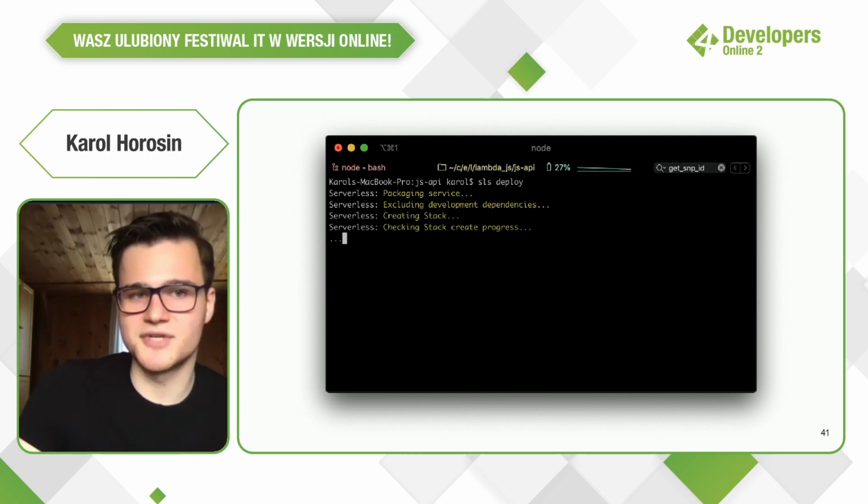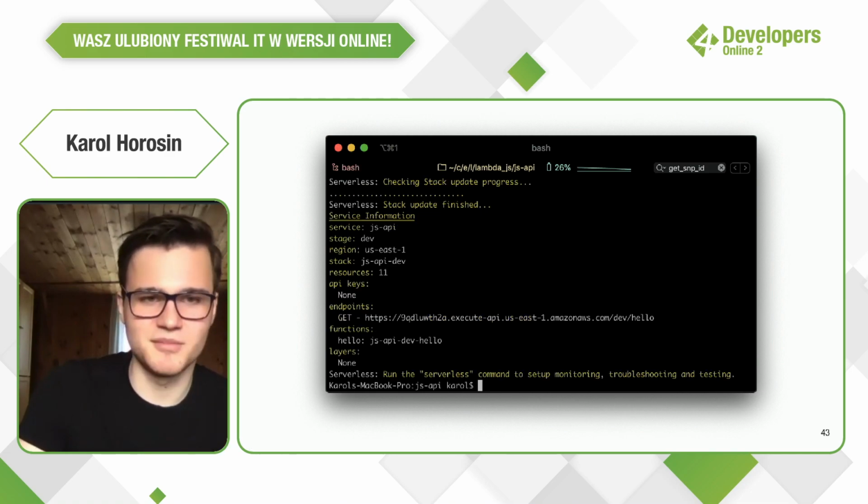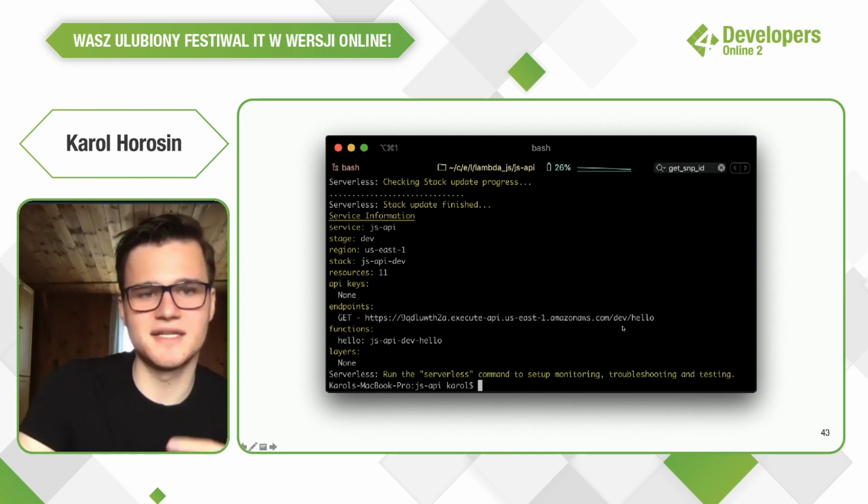The stack is created. The stack is the CloudFormation stack, which is the configuration that gets uploaded. Then the code is zipped and uploaded to AWS to be deployed, and the service gets successfully deployed then, and you get a URL for your function.